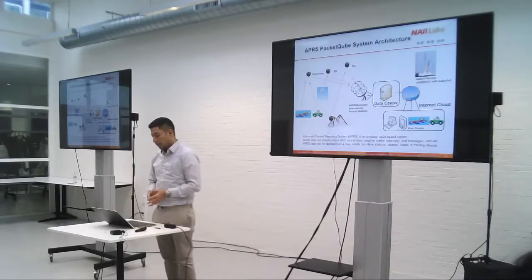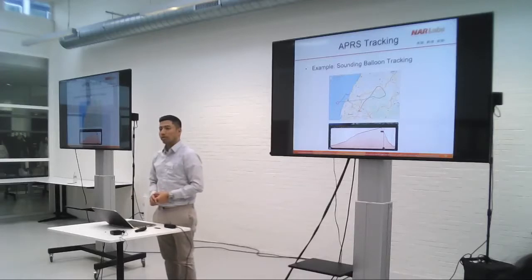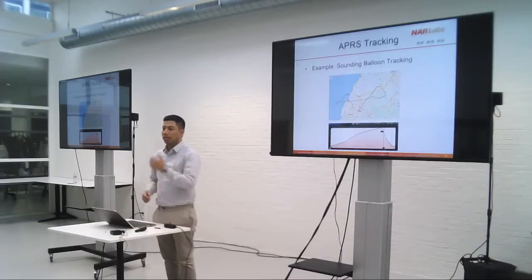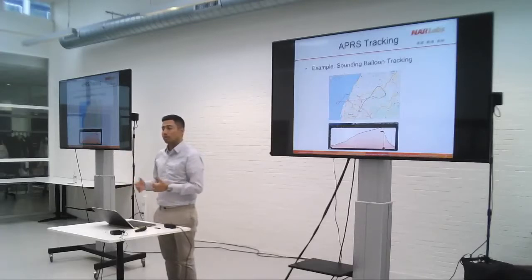It has been used for balloon systems, like weather balloons. There are lots of students who do that. You put the APRS transceiver and launch it, and you get the location as well as the temperature or humidity or whatever sensors you have.